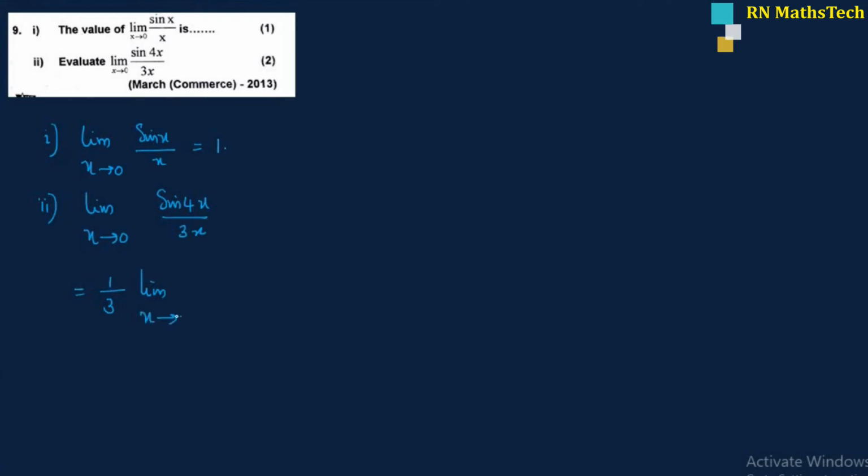Limit x tends to 0, sin 4x by x, multiplying and dividing by 4, so 4 by 3 into limit x tends to 0 of sin 4x by 4x, that is 4 by 3 into 1 is equal to 4 by 3. Okay.